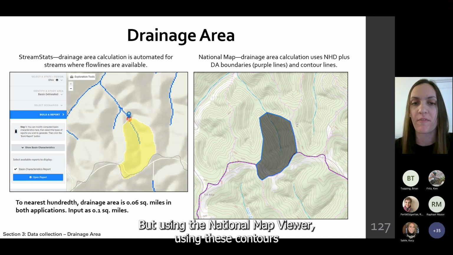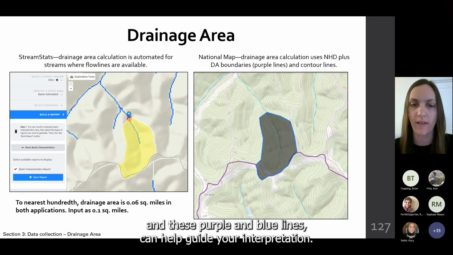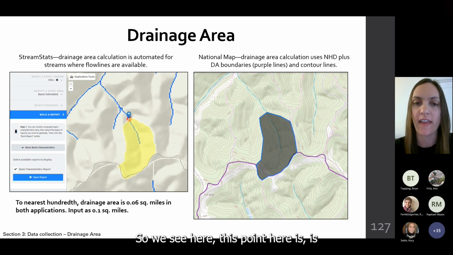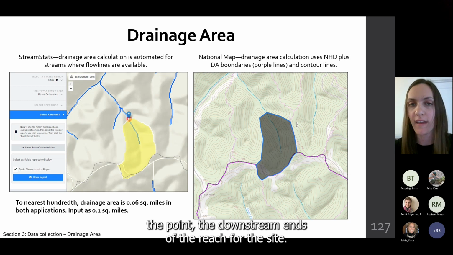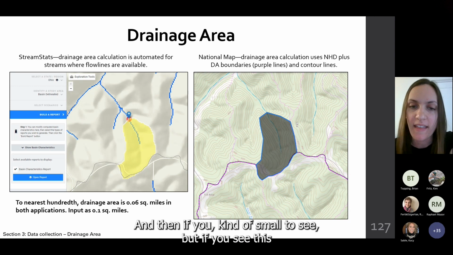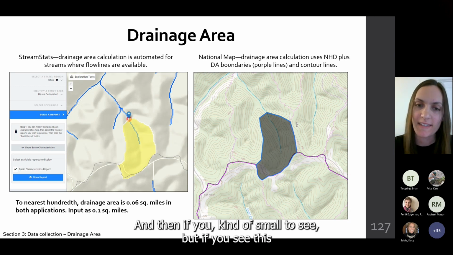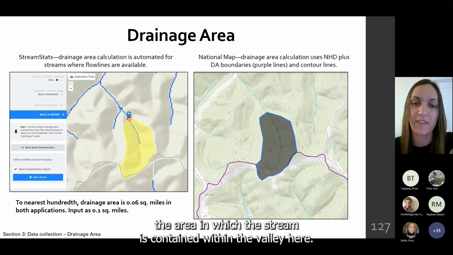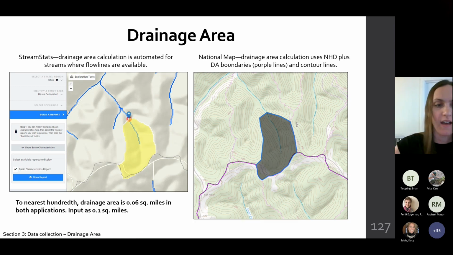But using the National Map Viewer, these contours and these purple and blue lines can help guide your interpretation. So we see here, this point is the downstream end of the reach for the site. And if you see this valley, these contour lines are concave, this represents the area in which the stream is contained within the valley here.